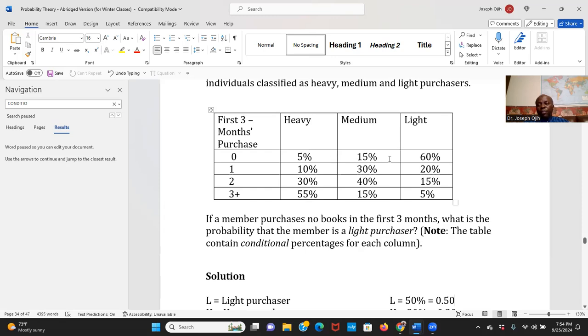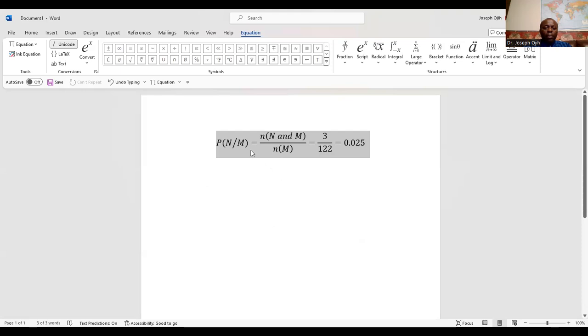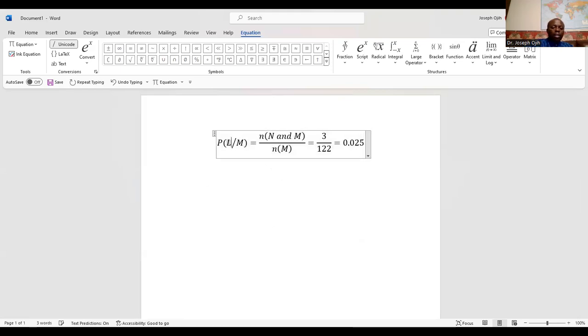With this information, we are ready to calculate the probability that the member is a light purchaser, given that he didn't buy any book. I can put the formula on the other slide where it will allow us.